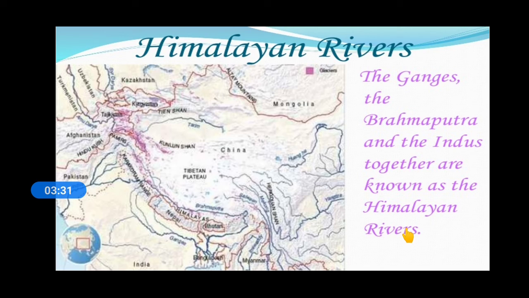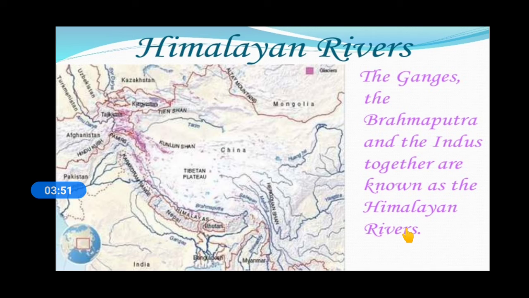First of all, they are perennial. They have water throughout the year. These rivers receive water from the rain as well as from the melted snow. The 2 major Himalayan rivers, Indus and Brahmaputra, originate from the north of the mountain ranges.